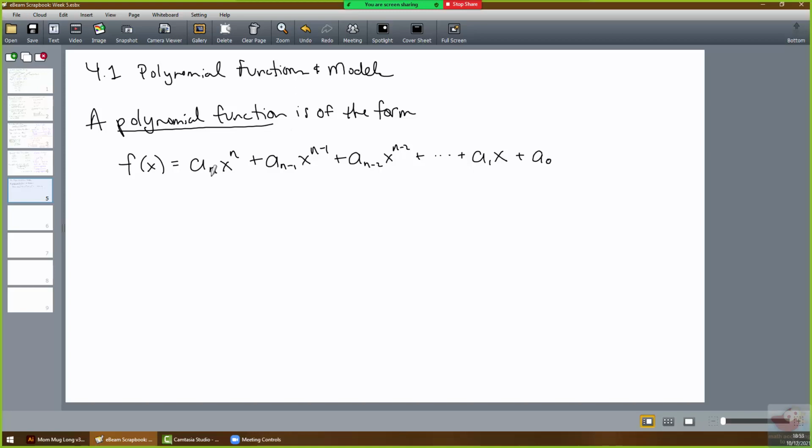You'll notice that the subscript matches the exponent. That's all that says. We have more to write, where a sub n, a sub n minus 1, a sub n minus 2, dot dot dot, a sub 1, a sub 0 are real numbers, and n is a whole number.